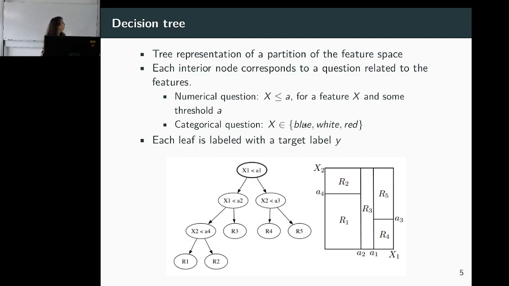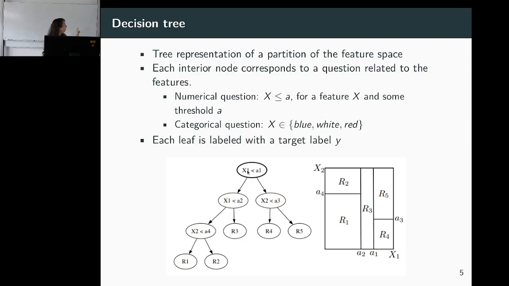For example, if our feature x is blue, red, or white, it doesn't always have to be a numerical question. We can also ask which class it belongs to. So we have a feature which has these 3 category values, and we can ask to which of these classes our feature belongs.